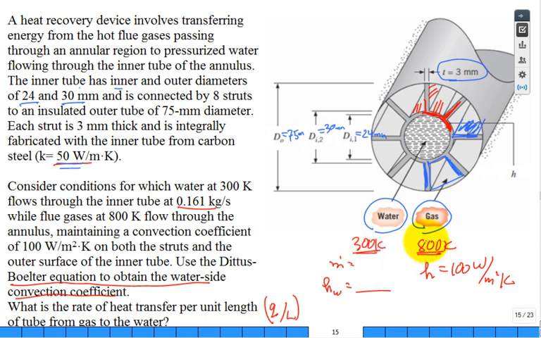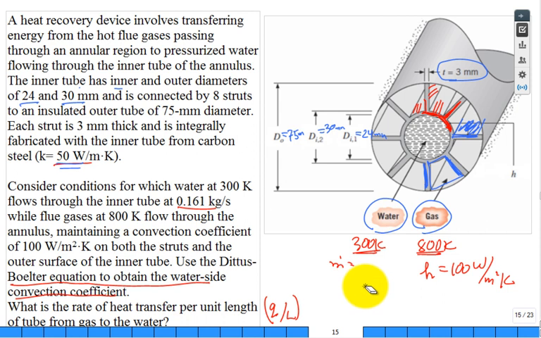I know that as it goes down the length of the tube, the water is going to heat up and the gas is going to cool, but just at that condition where it's 300 and 800, what is Q per unit length of the tube? So how do we calculate the first part? Dittus-Boelter, right? And so that's pretty easy. I'm going to skip that calculation because I'm sure you can do it, and that was covered in the previous chapter with internal flow.